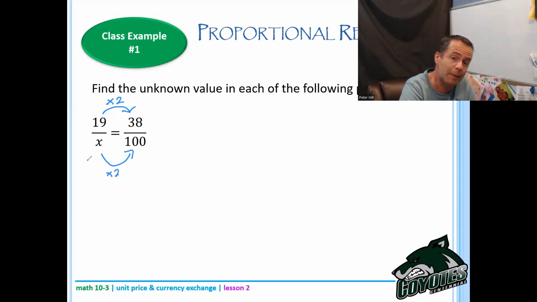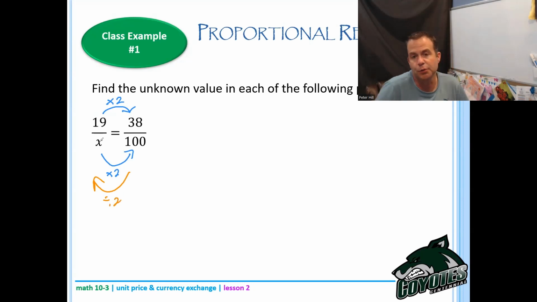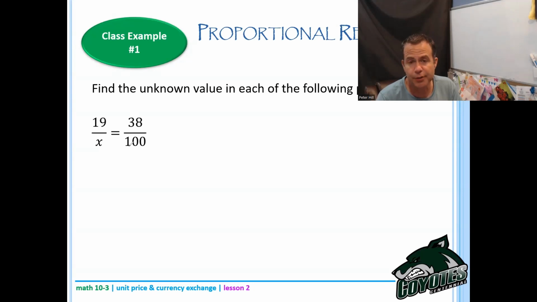Or if you wanted to go backwards, if I multiply by 2 in this direction, I would be dividing by 2. So 100 divided by 2 is going to have to be 50. The other way you can do that is with cross multiplication. So we would go 19 times 100. That's 1900. And then x times 38, that would be 38x. And we would get something like this.